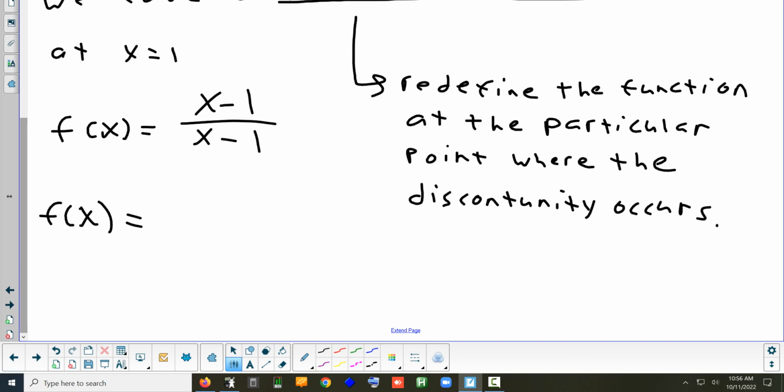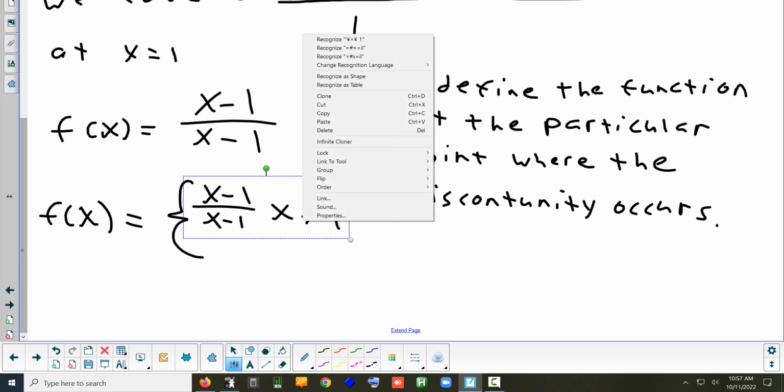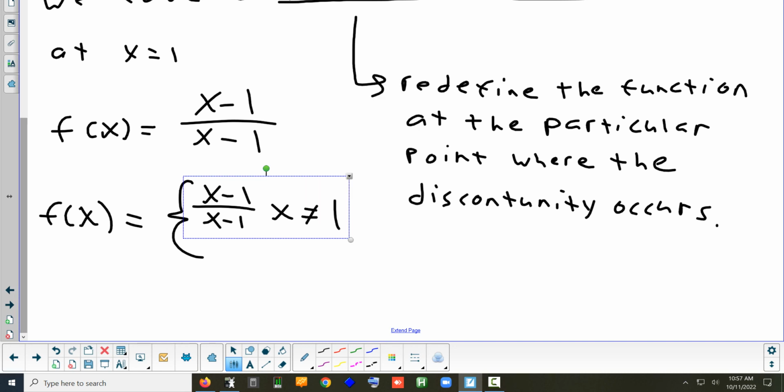You can use this top one anytime x is not equal to 1. So what we're going to do is break up the domain into 2 parts. One is going to use this formula most of the time. This is the formula I want you to use. That's the condition under which you can use it. You can use it whenever x is not equal to 1.